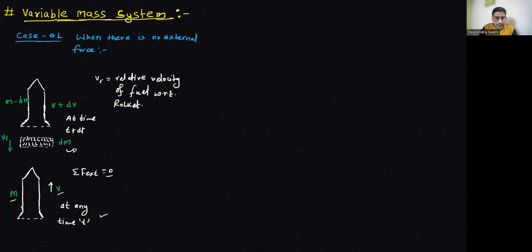And because it is giving out some fuel, the velocity will become v plus dv, and the mass will also decrease.